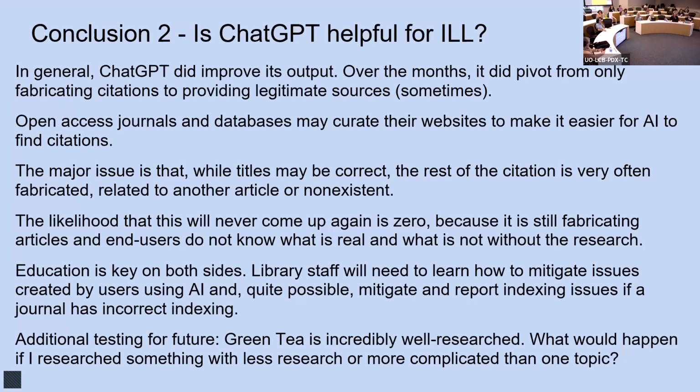Finally, I did do some fun off-the-cuff testing for other stuff, not in a report, just glancing at it to see what would happen. I asked it to find citations on something a little more complex than green tea, and it gave me 6 results, and then at the bottom said, "These articles are fictional and should not be used other than as examples for how to publish or for how to format citations," which was like, yeah, that's at the bottom in small text.